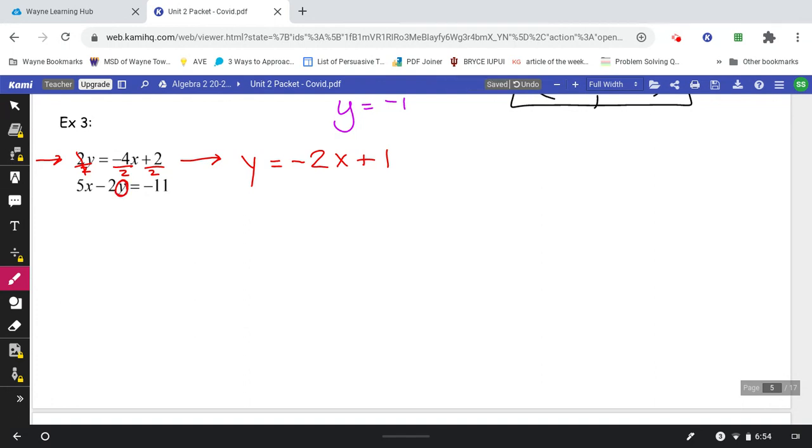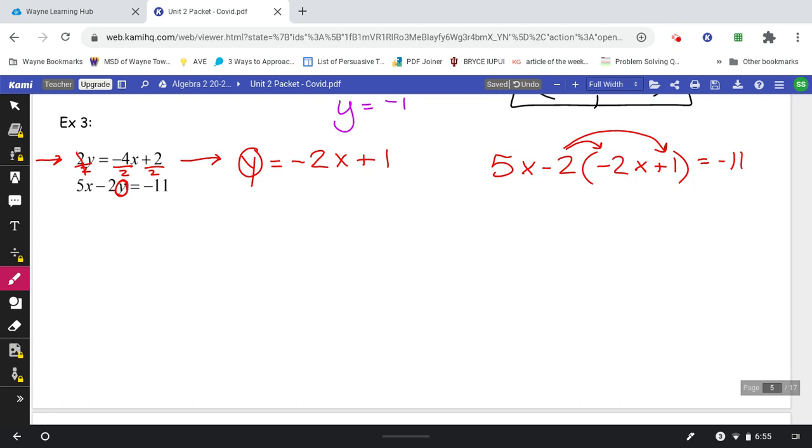See if you guys can write that equation with the -2x plus 1 plugged in for the y. It should look like this. Make sure you're plugging it in for the correct letter. If it's y equals, make sure you plug it in for the y. All right, now it's your turn to distribute.